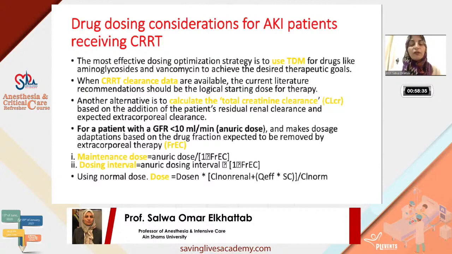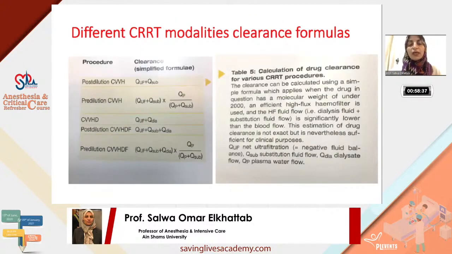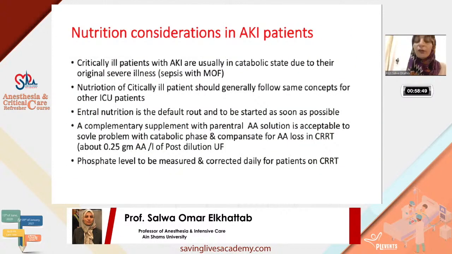You have to use some formulas to check clearance, either the innate clearance of the patient by his own kidney together with the hemodialysis machine. This is a very important part. Unfortunately, it's overlooked in many situations.